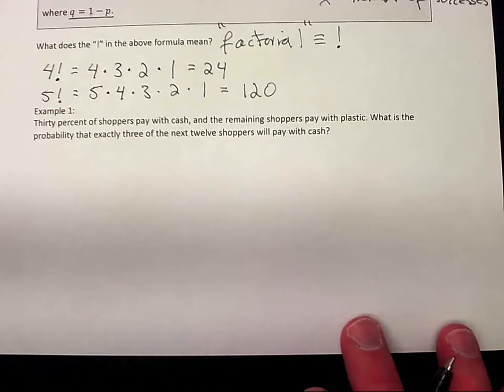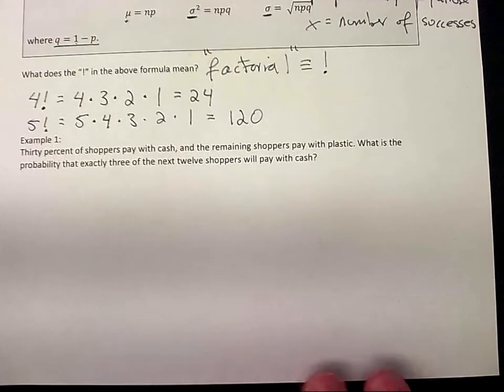All right, so let's do it. So let me first ask you this. How do we know that this is a binomial question? Awesome. We know that we either have cash or plastic. So we only have exactly 2 possible outcomes, right?